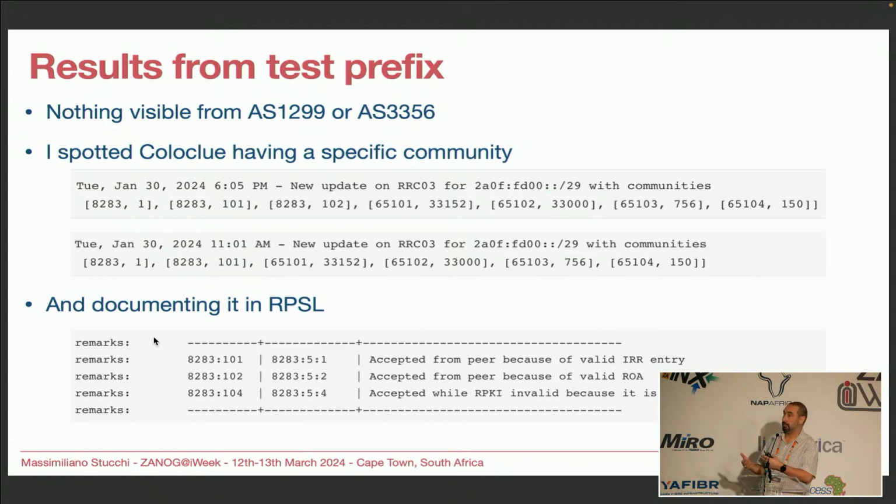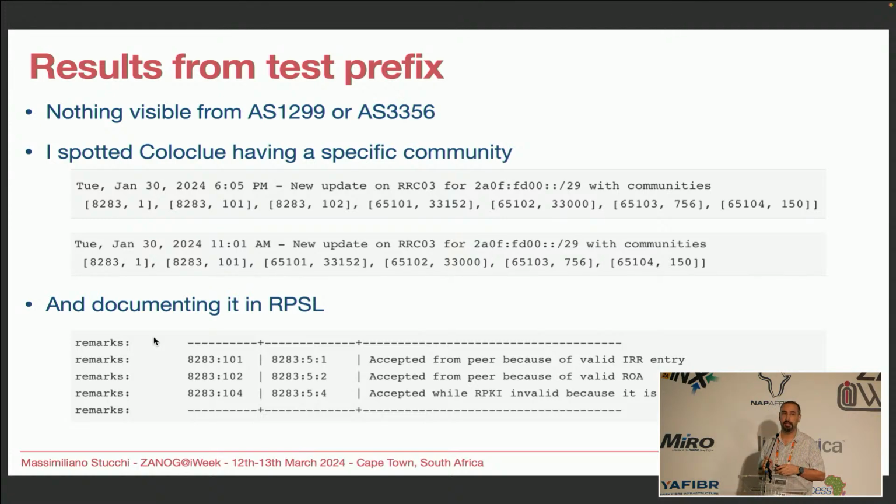And Coloclu does this tagging. There is an explanation here that says, well, with this, I think it's 102, I remember, because I can't read it actually on the screen. They tag if something has validated RPKI.